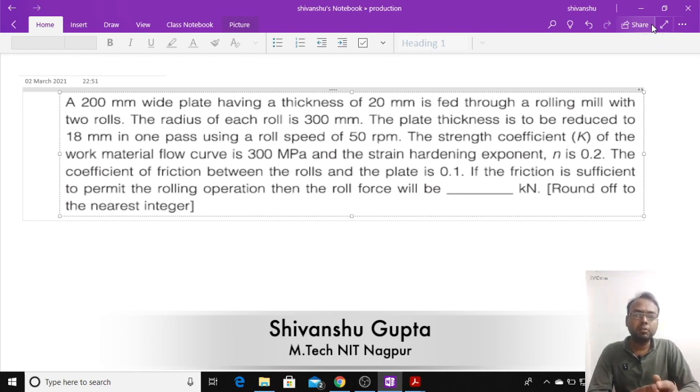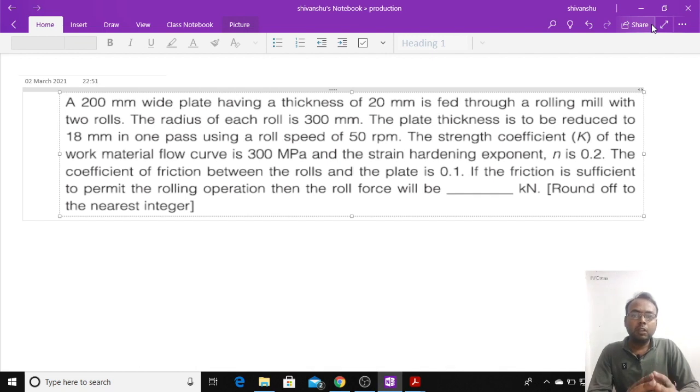There was a question from the rolling topic in GATE 2021 Mechanical Engineering forenoon session paper. A 200 mm wide plate having a thickness of 20 mm is fed through a rolling mill with two rolls. The radius of each roll is 300 mm.